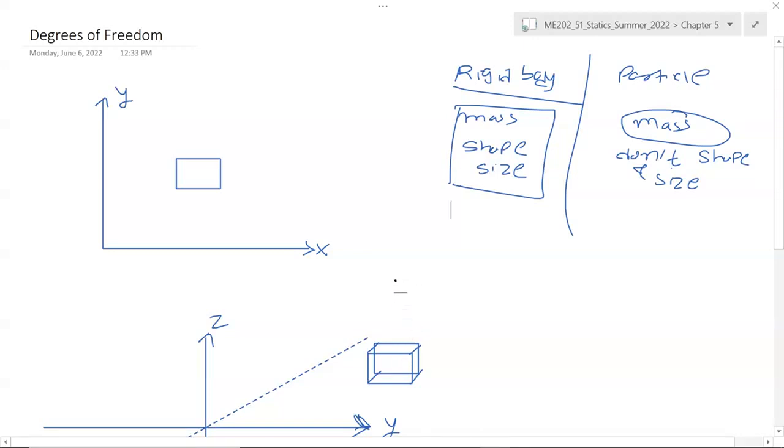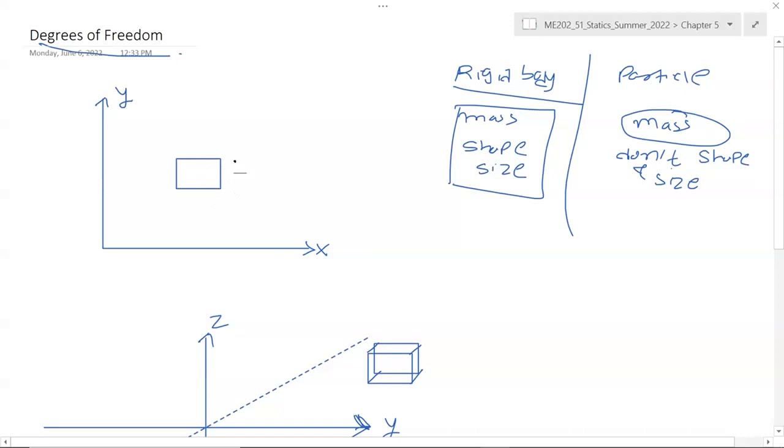Now, before we talk about any supports and reactions, let's talk about the concept called degrees of freedom. Let's consider that this is our rigid body in two dimensions in the xy plane only, where the x-axis is horizontal and the y-axis is vertical.